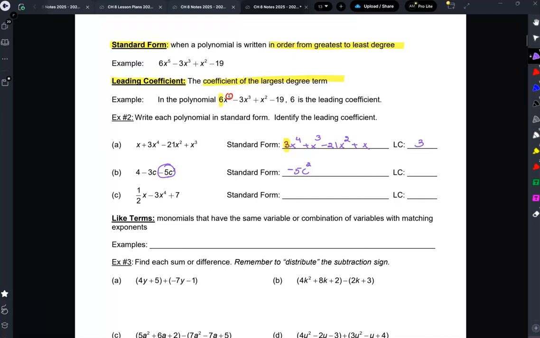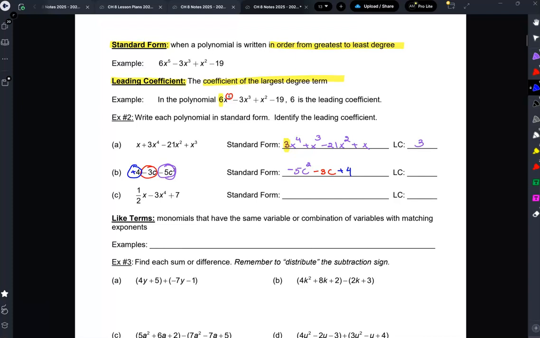So now the next one is going to be the 3c. But that negative also comes with it. Okay? But aren't those the two smallest numbers? And then the next one is the 4, and this one is a positive 4, so that comes with it. Okay? I'm just confused, but I thought you go from greatest to least.